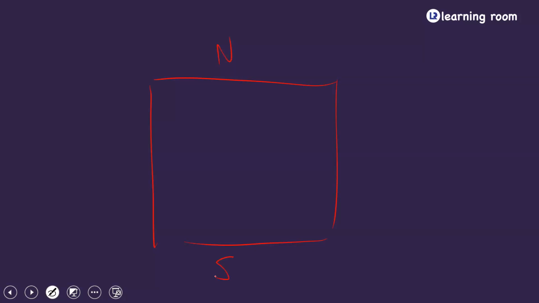These are north, south, east, and west. If you are here and you want to go from A to B in a new city, this is a map, so there you care about direction. You want to know what is your north, south, east, and west. Similarly, when you're dealing with things in science, on a smaller scale, we want to know in what direction exactly.